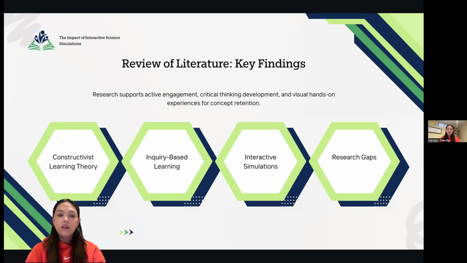However, the literature also emphasized that simulations are most effective when they include scaffolding, guided questioning, and opportunities for reflection. Simulations alone are not enough. Effective instruction and teacher facilitation remain critical components of student learning, which the NYSSLS standards put forth, that there does have to be a certain level of scaffolding as well as teacher instruction.